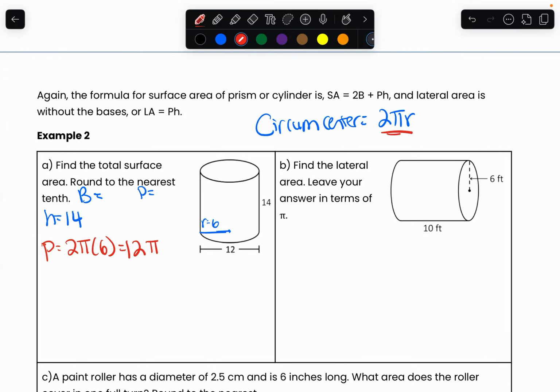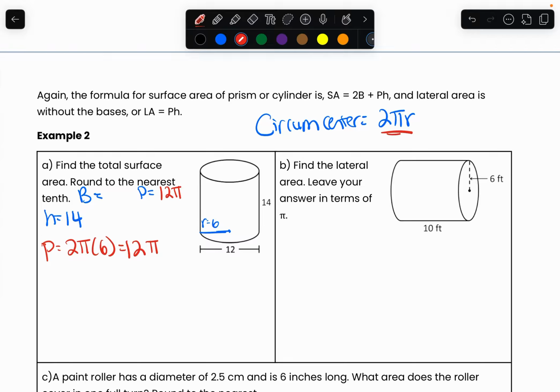Guys, whenever you are doing these questions, always leave the pi out of the calculator until the very end, even if the answer says rounded to the nearest 10th place. Because if you use the pi too early, your answer is always going to be a little bit off. So always leave it until the very end. That's going to be my perimeter, or circumference, of my shape. So I'm going to put 12 pi right here.